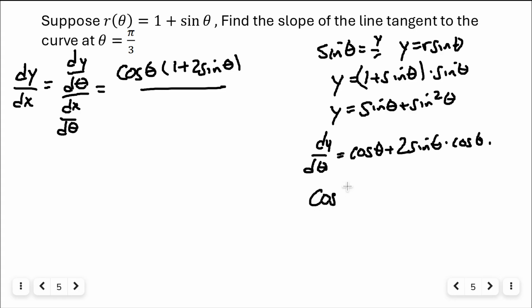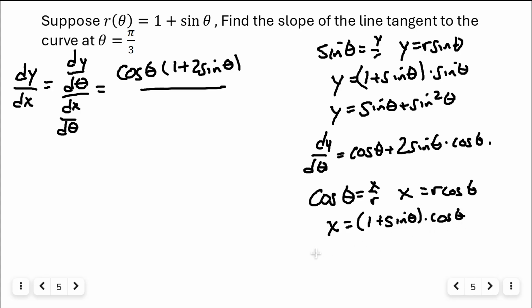All right, now I got to go find dx d theta. Well, I know cosine of theta is x over r. So x is equal to r cosine theta. So then that makes x equal to 1 plus sine theta, that's r, times cosine. If I distribute, I get cosine theta plus sine theta cosine theta. So now let's find dx d theta. We'll move it over a little bit here. We have to use the product rule.